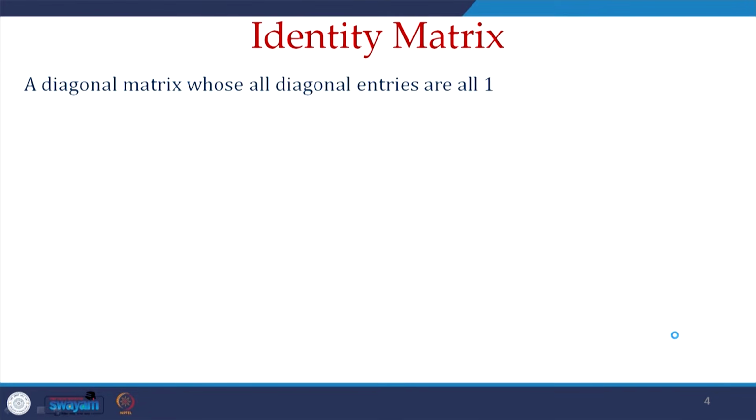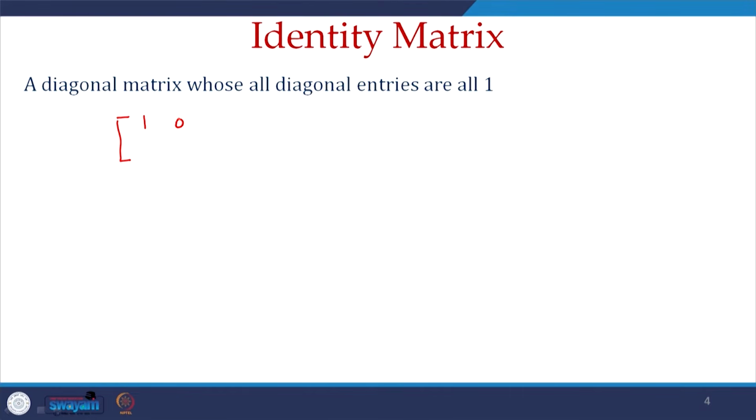Now, another important matrix which we will use quite frequently is the identity matrix. An identity matrix is a diagonal matrix where all the diagonal entries are 1. For example, a 2 by 2 identity matrix is this one, and we represent it by I2. Similarly, I3 is 1 0 0, 0 1 0, 0 0 1.